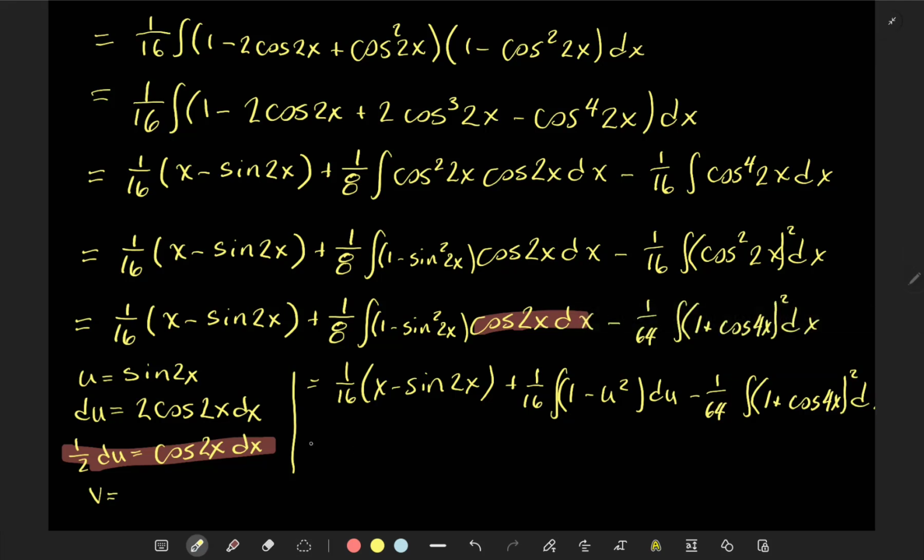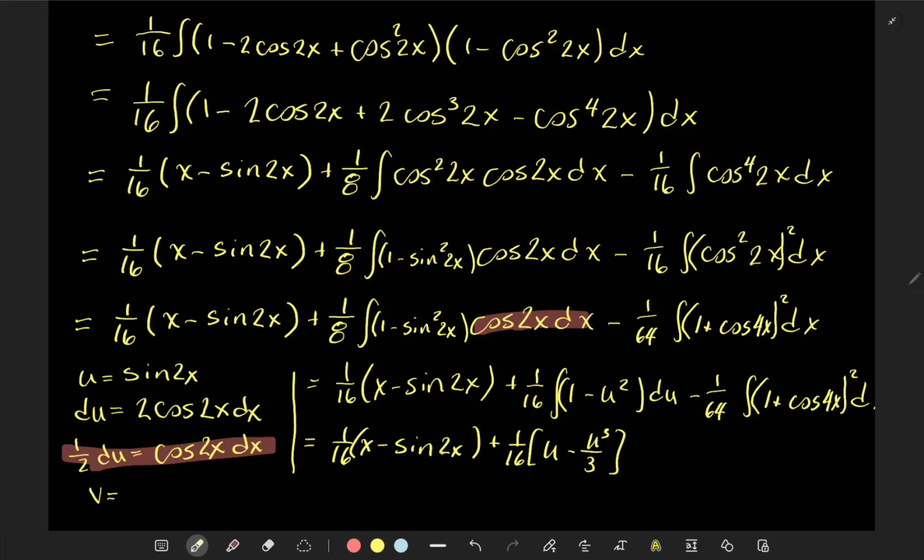All right, so this one right here becomes 1/16 of x minus sine of 2x, and then plus 1/16 of u minus u cubed over 3, where u, remember, I'm just integrating, is sine of 2x.